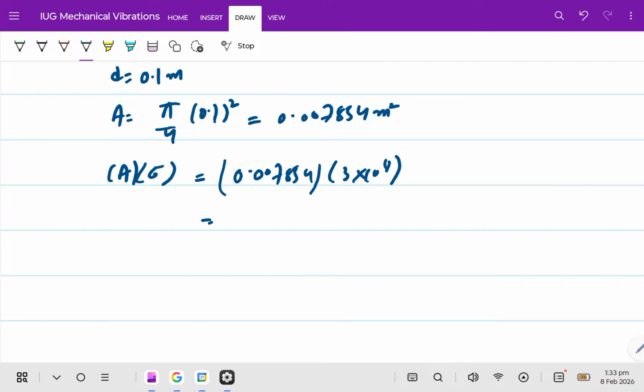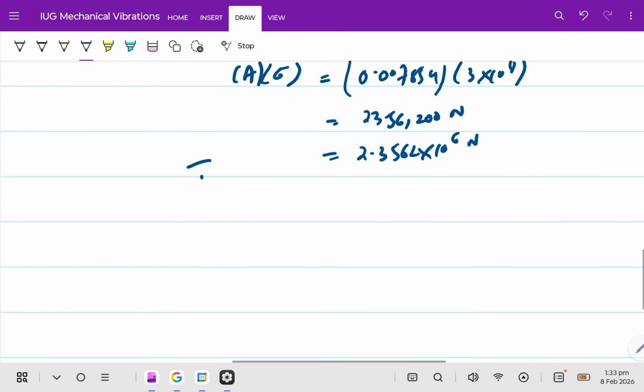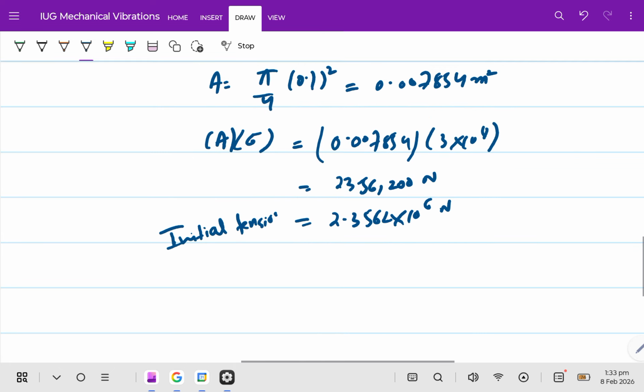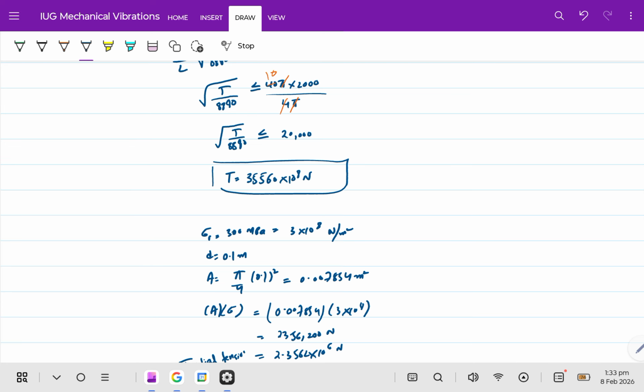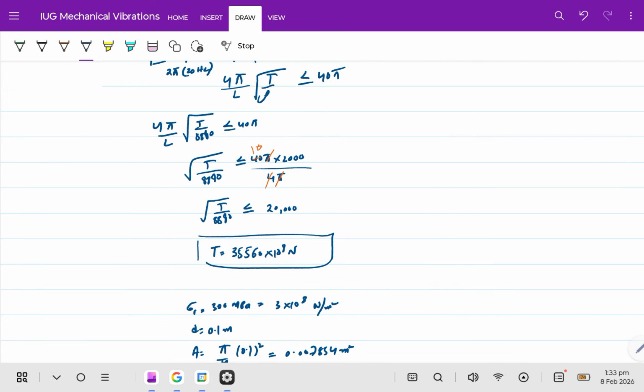So it will become 2356200 newtons, or 2.3562 into 10 exponent 6 newton. That is also an initial tension. So this is how you can find out the necessary tension, just to make sure that the fourth frequency lies within the 20 hertz threshold.